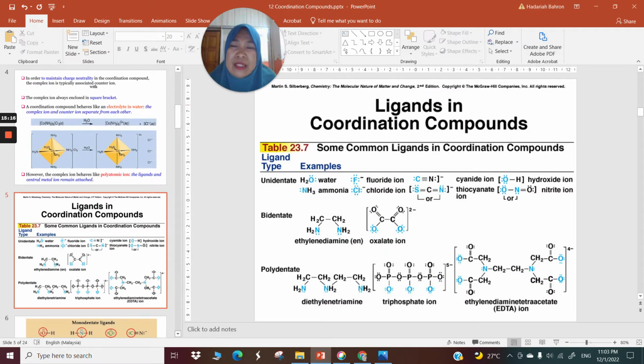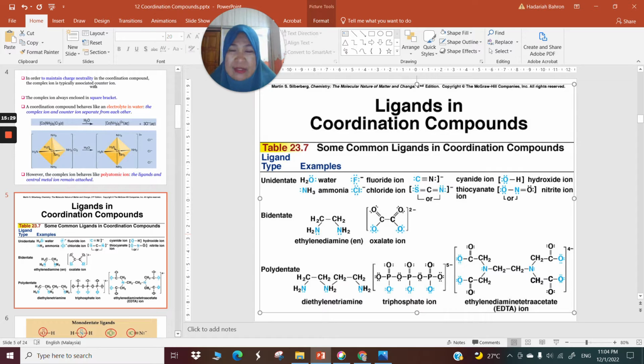Now, from the textbook by Martin Silberberg, this is taken, which lists some common ligands in coordination compounds. In Silberberg, it is mentioned as unidentate. Some textbooks call it monodentate. It's all right, both carry the same meaning: one tooth, or one donor atom. An example of a monodentate ligand is water. In water, you have oxygen as the donor atom.